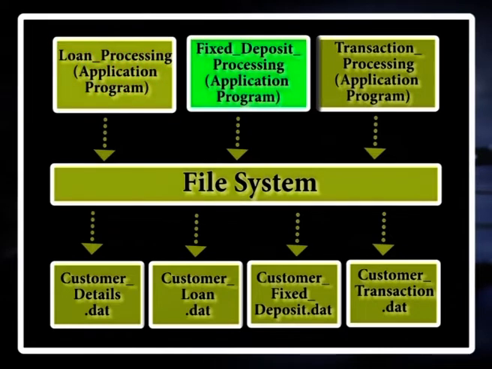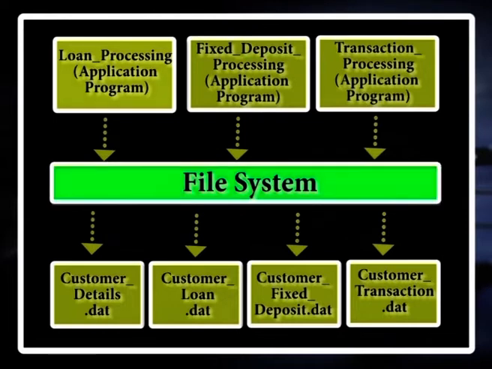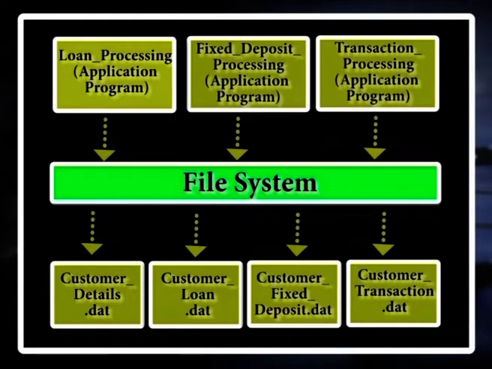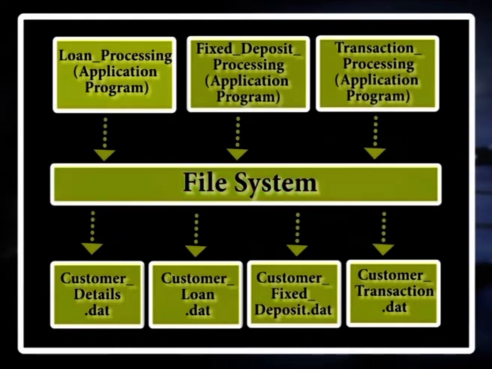Similarly, the fixed deposit processing program is used for processing the tasks related to fixed deposit transactions by the customers, etc. All application programs go through the file system to access the data stored in these flat files.